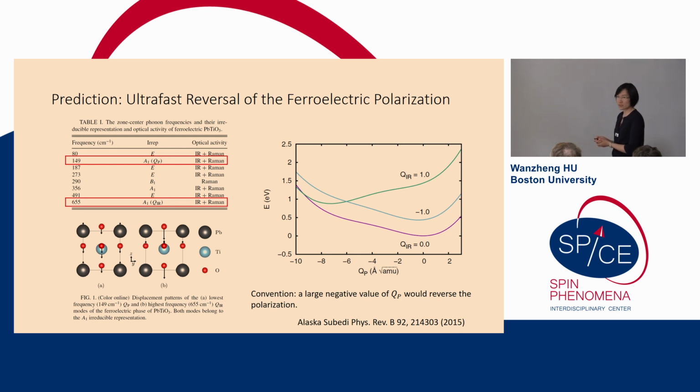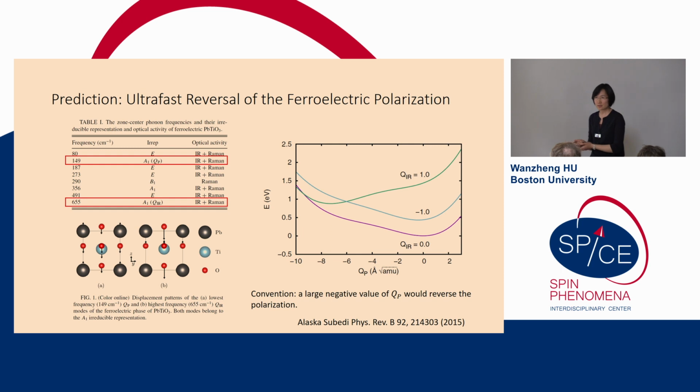This is the coordinate of the IR mode that you are driving. It couples to the Raman mode, which distorts along Q_P, the coordinate for this low energy ferroelectric mode. In equilibrium, when you don't drive the IR mode, the system is ferroelectric. When you drive the IR coordinate to a different amplitude, you see that the free energy already starts to move slightly towards negative Q_P.